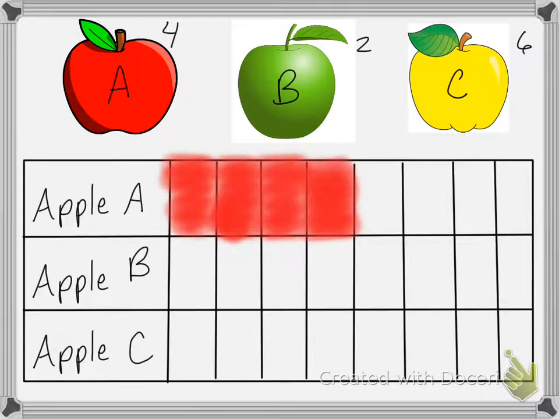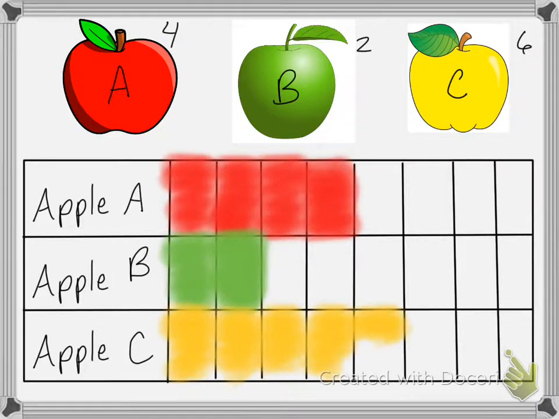Only 2 people like apple B, so I'm going to fill in 2 boxes for apple B: 1, 2. And 6 people like apple C, so I'm going to fill in 6 boxes for apple C: 1, 2, 3, 4, 5, 6.